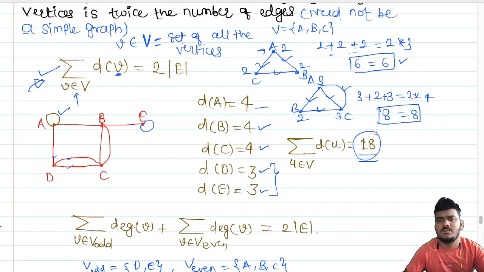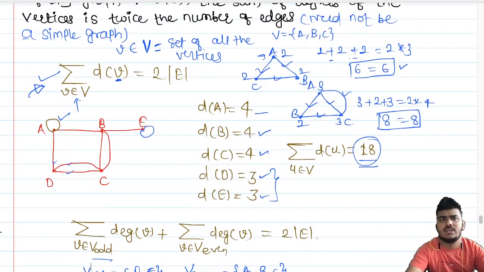So we write the summation of degrees of vertices where v belongs to the V odd set, plus the summation of degrees of vertices where v belongs to the V even set, is equal to 2 times the number of edges.